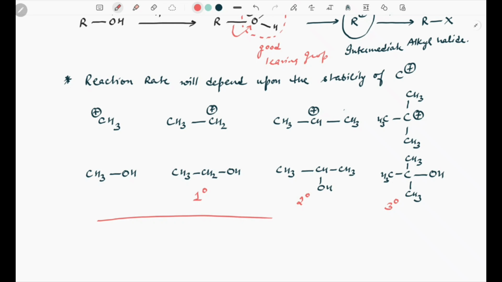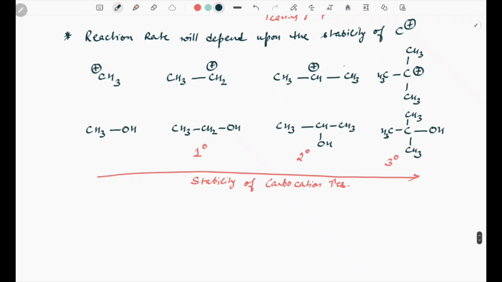Now the stability of carbocation increases here. Therefore, rate of reaction also increases.